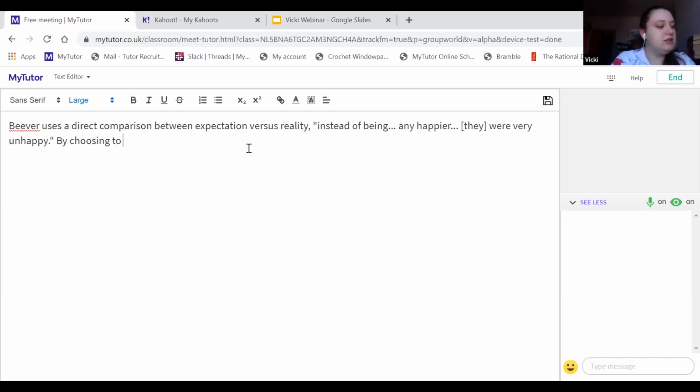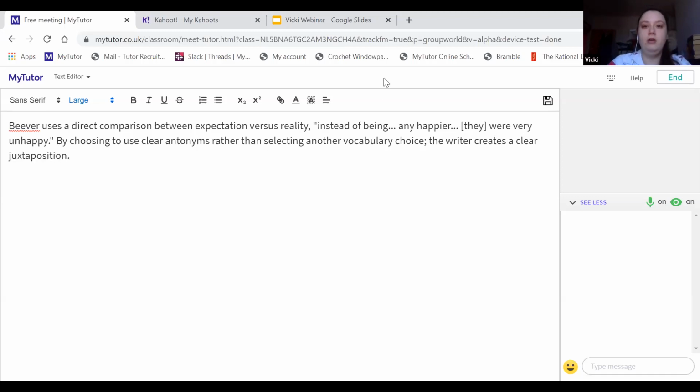By choosing to use clear antonyms, can someone tell me what an antonym is, please? Rather than selecting, and if you want to show off, tell me what the opposite of it is, rather than selecting another vocabulary choice, the writer creates a clear juxtaposition. Oh, fabulous. A couple of you got back to me on that one super quick.